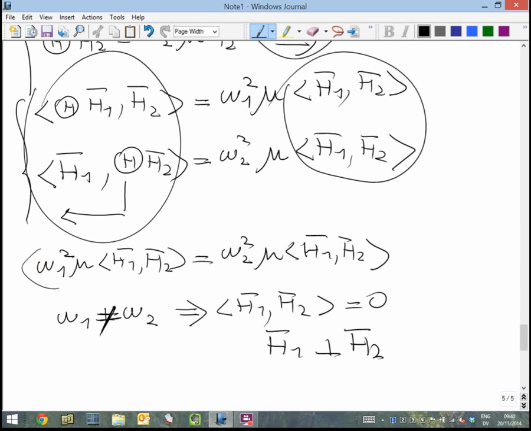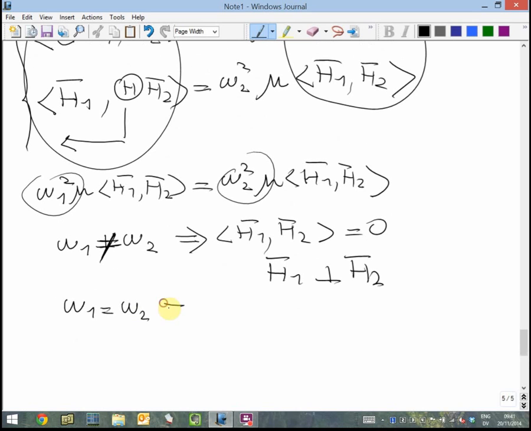So if our eigenvalues are the same, then we are in a different case. If omega 1 is equal to omega 2, then that's a rather special pathological case, which we will call degenerate modes. So what are degenerate modes? Degenerate modes are modes which are different, they have a different field profile, but just by accident, some fluke of nature, they have the same eigenvalue.